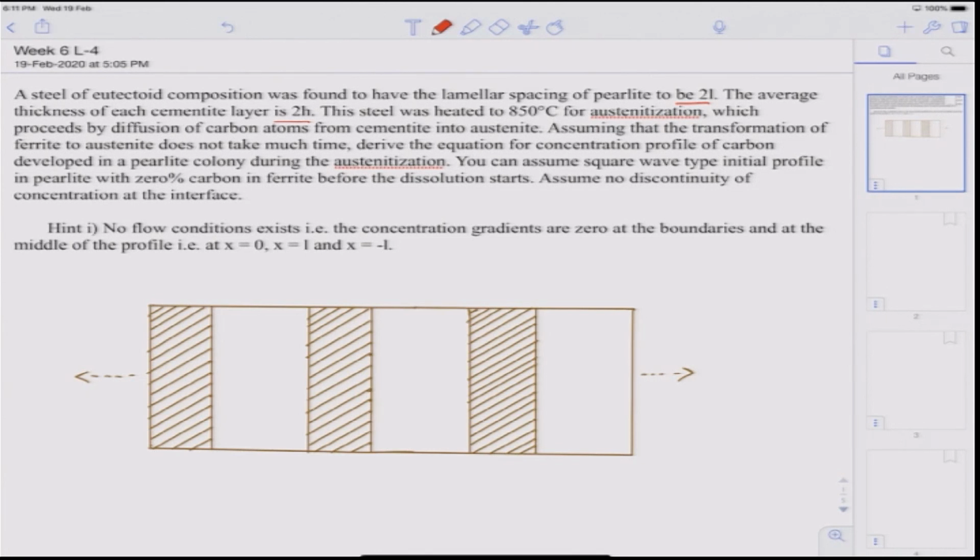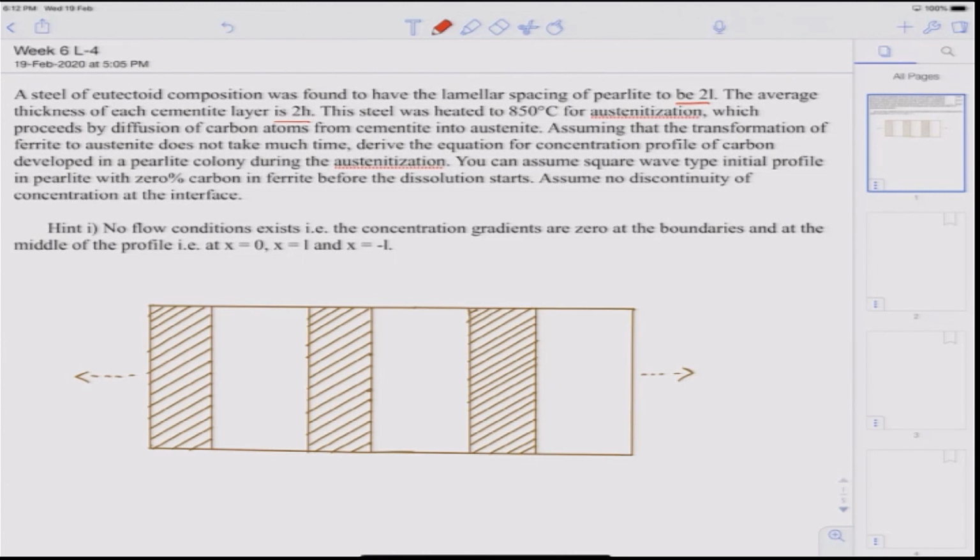Assuming that the transformation of ferrite to austenite does not take much time, derive the equation for concentration profile of carbon developed in a pearlite colony during the austenitization. You can assume a square wave type initial profile in pearlite with 0% carbon in ferrite before the dissolution starts. Assume no discontinuity of concentration at the interface.